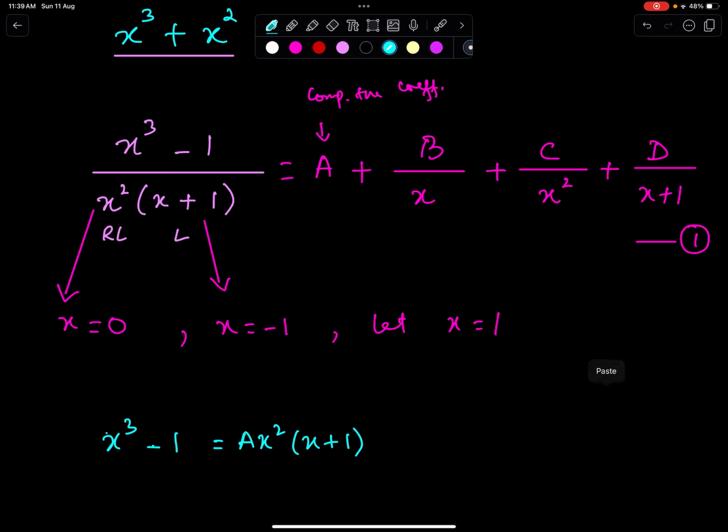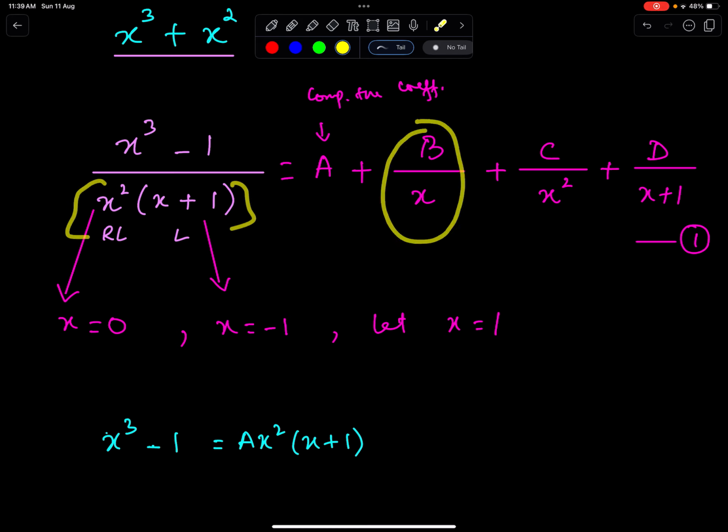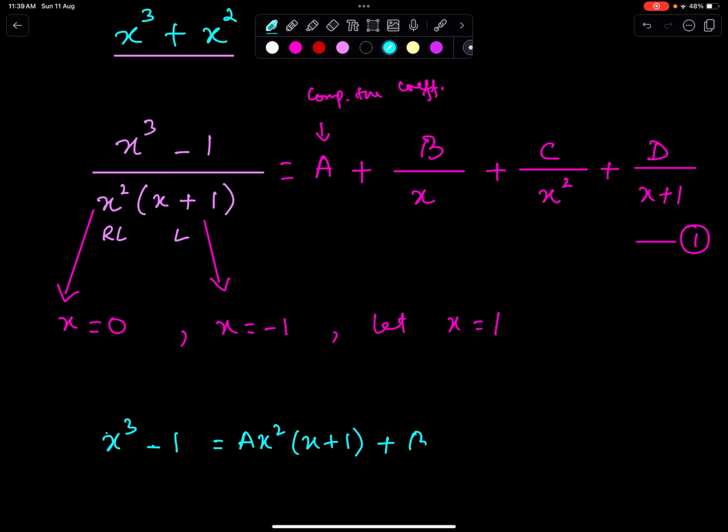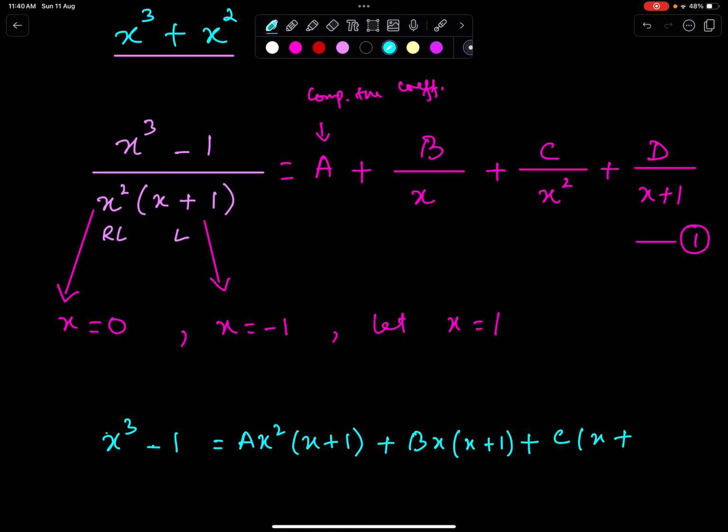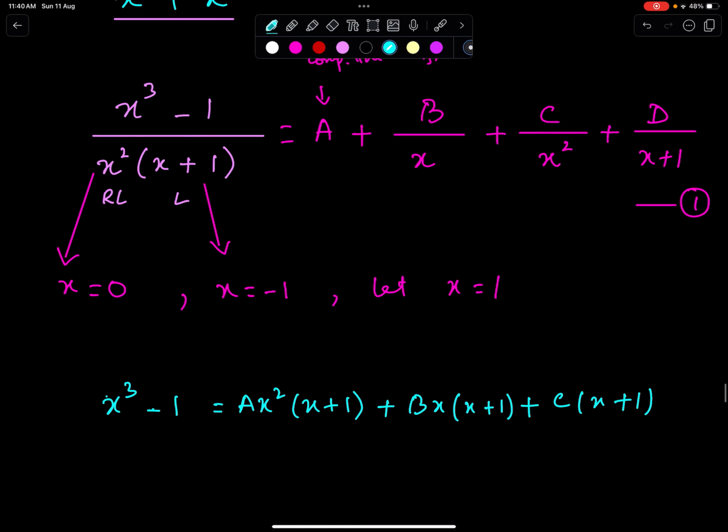When we will multiply this with this fraction, we'll get b times x plus 1. And when we will multiply this with this fraction, we'll get c times x plus 1. And finally with d we'll get d times x square.